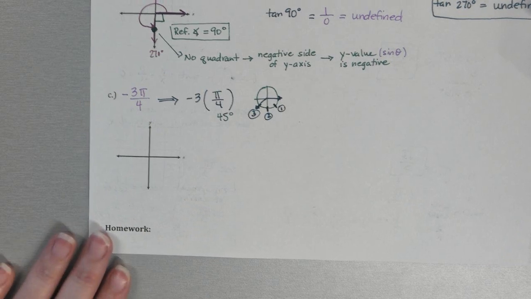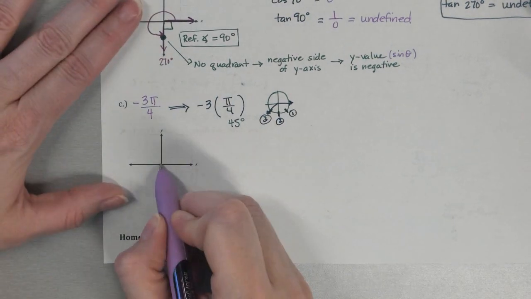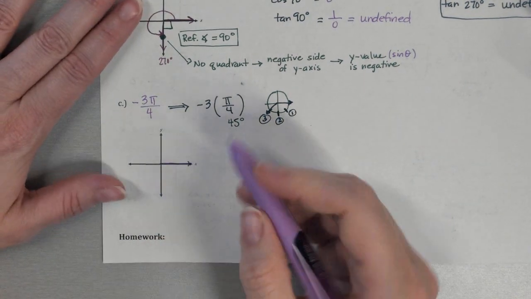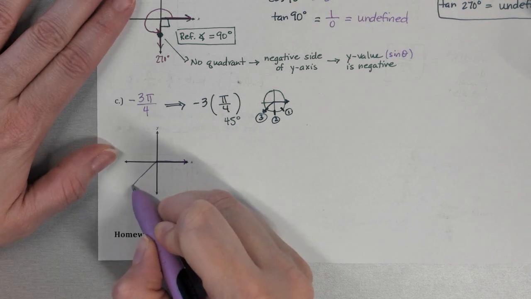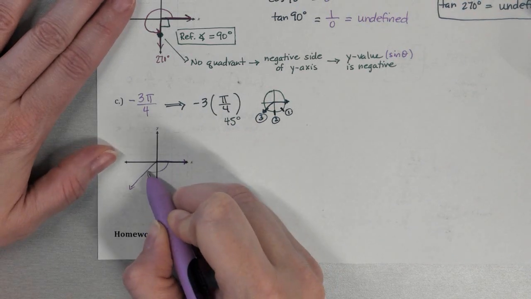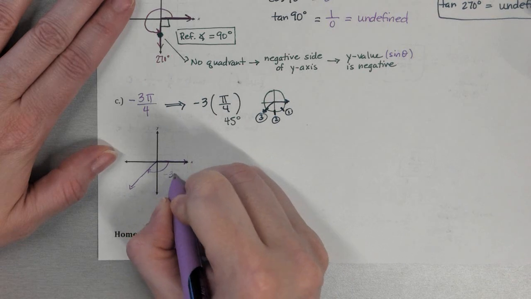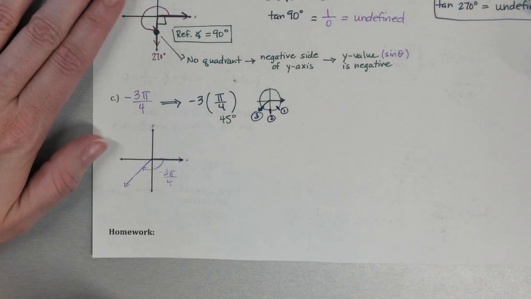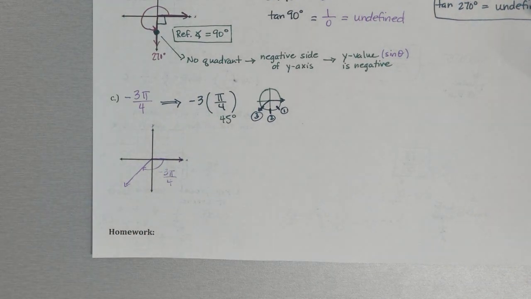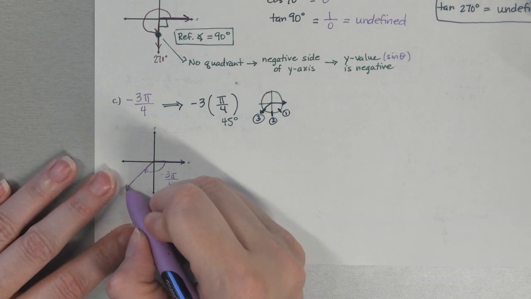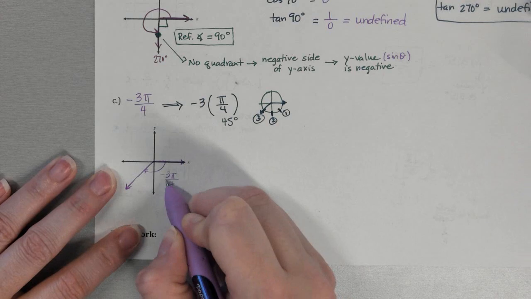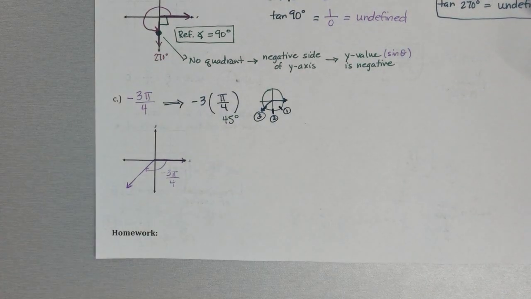That's exactly where negative 3 pi over 4 is. So it's halfway here. This is negative 3 pi over 4. So again, we're just counting. We're thinking of this in degrees to make it a little bit easier, so we're getting used to radians.